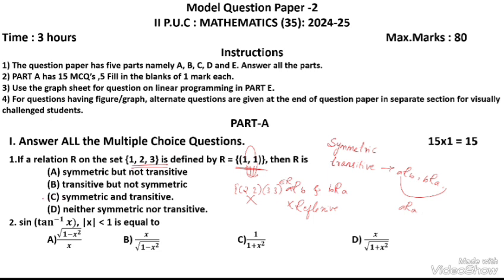Therefore, option C is correct: the relation is symmetric and transitive.